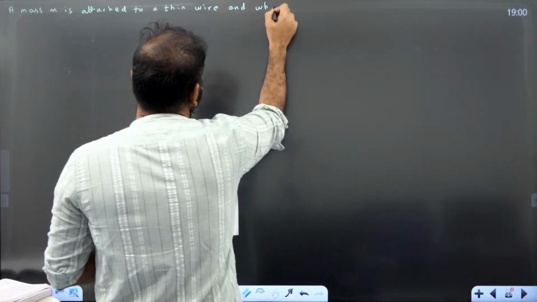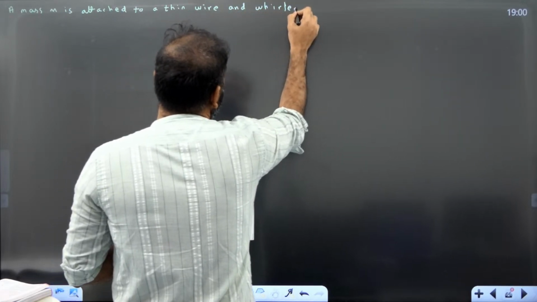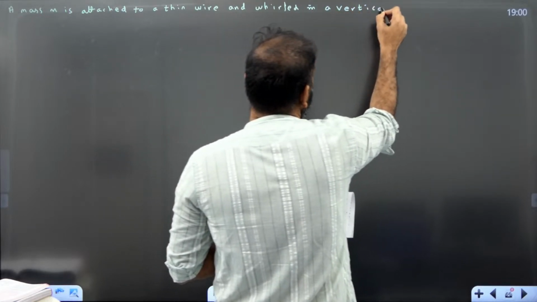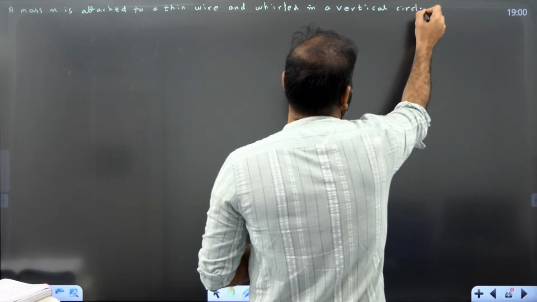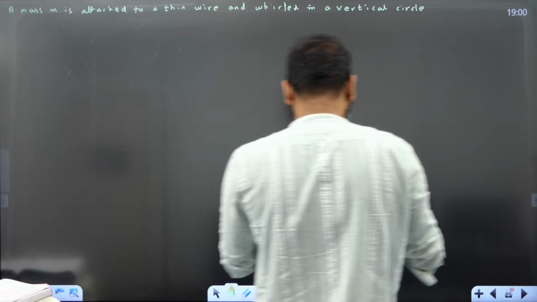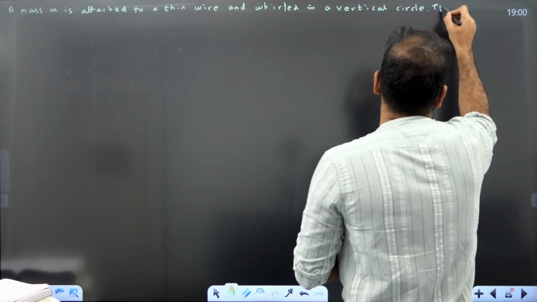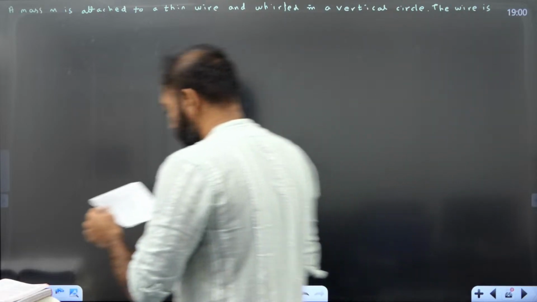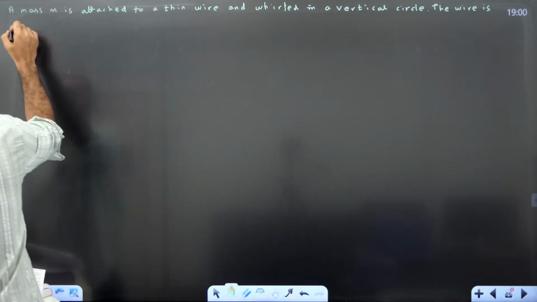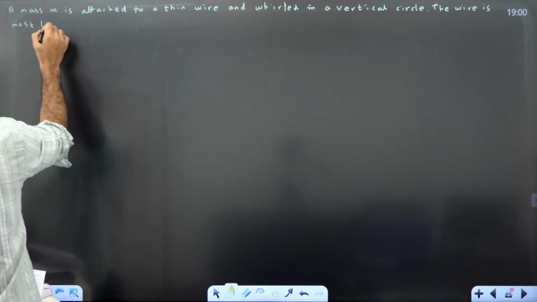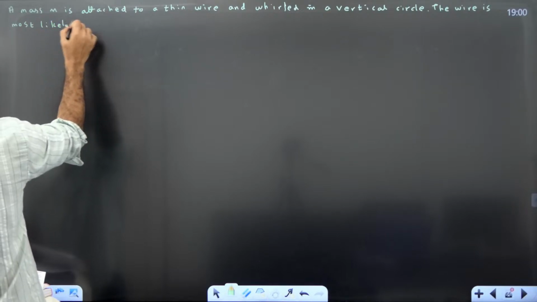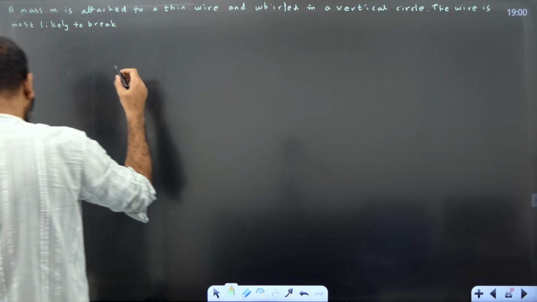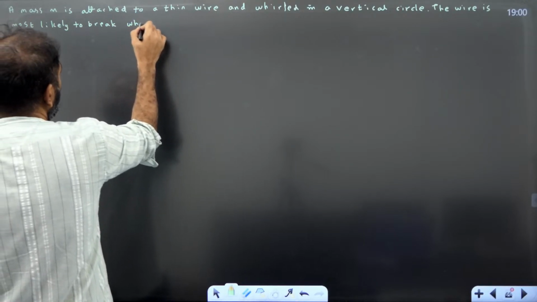Whirled means to swing around. The wire is most likely to break when, options.